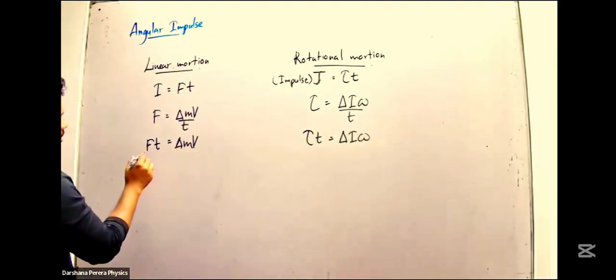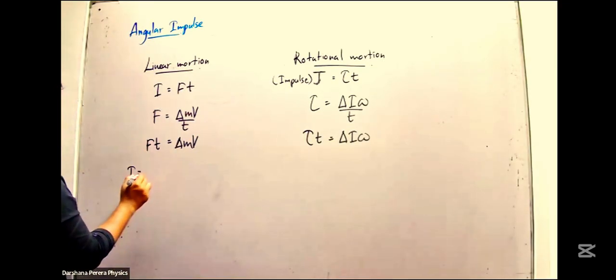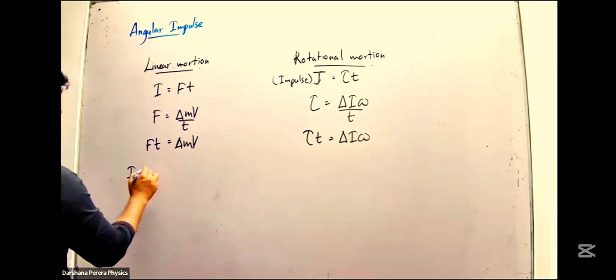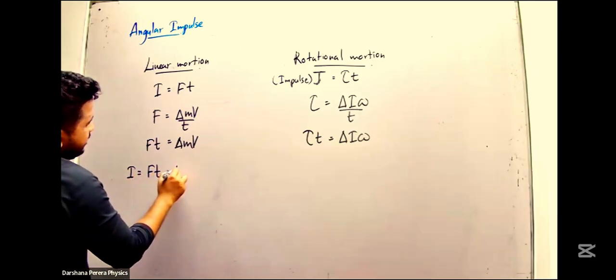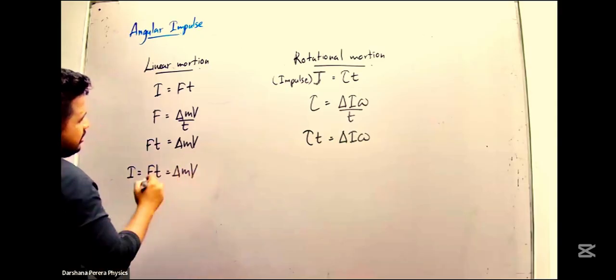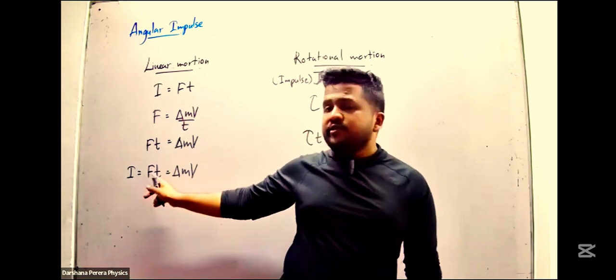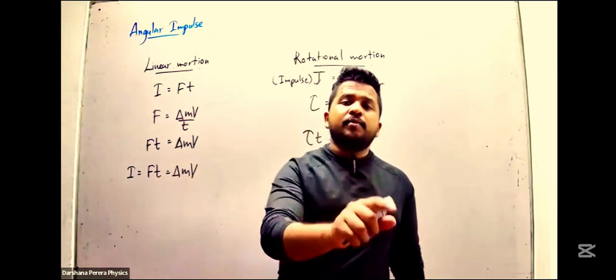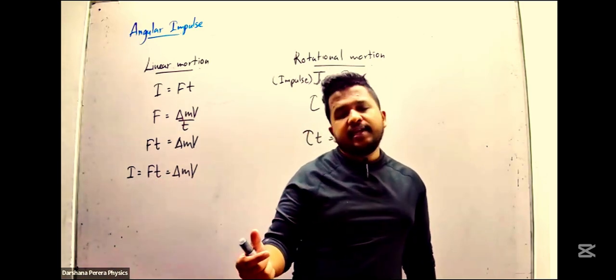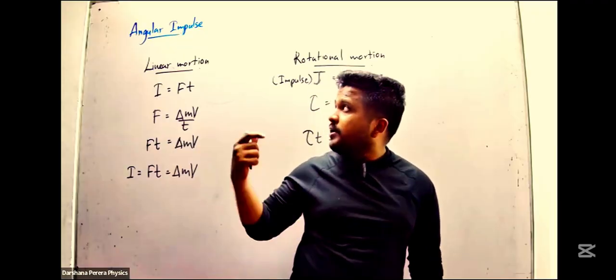Therefore, the impulse I can be taken as Ft, the change in momentum in linear motion.